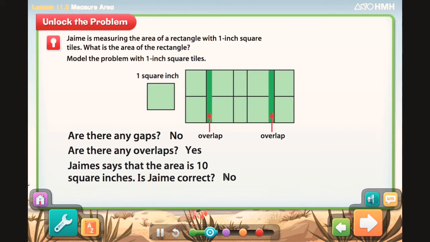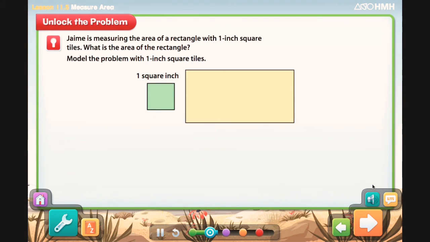So let's try it one more time, starting from the corner and making each of the squares connect. So far, so good. Do we see any gaps or overlapping here? Nope, we don't.